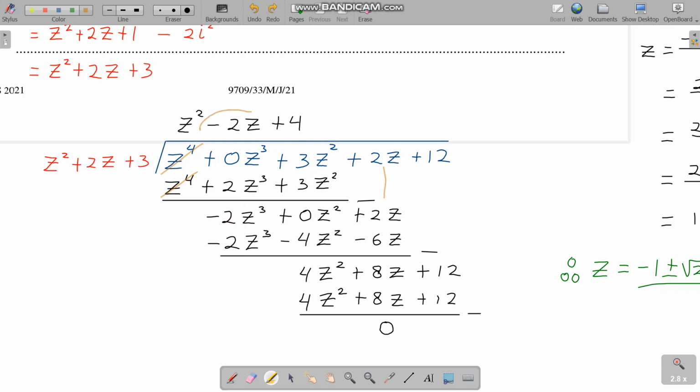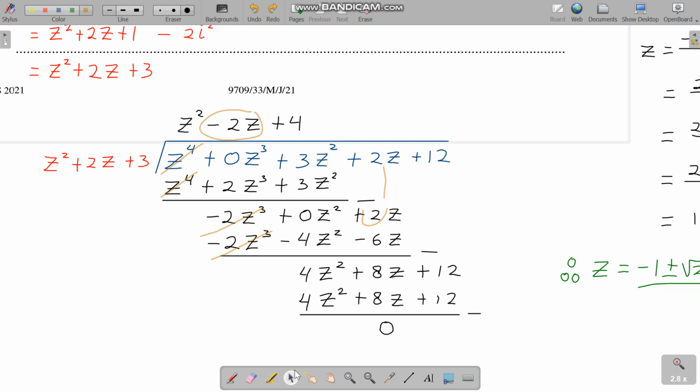And we have to multiply by minus 2z. Minus 2z times z squared is minus 2z cubed, times 2z is minus 4z squared, and times 3 is minus 6z. Subtract, cancel out. 0 minus minus 4, that's positive 4, and 2 minus minus 6, that's 8, and drop the next term.